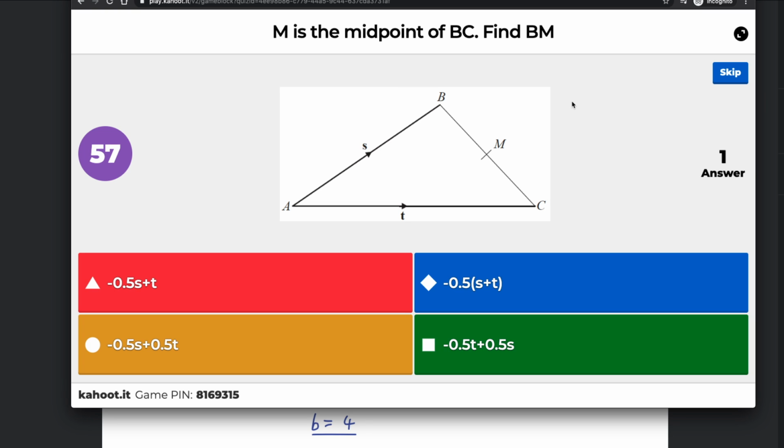M is the midpoint of BC. Find BM. M is the midpoint of BC.